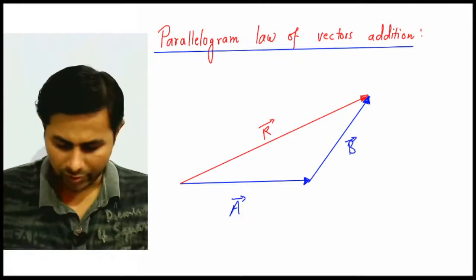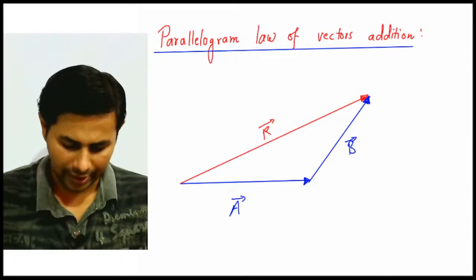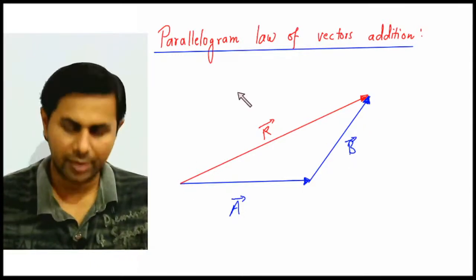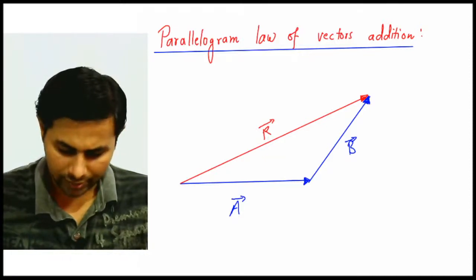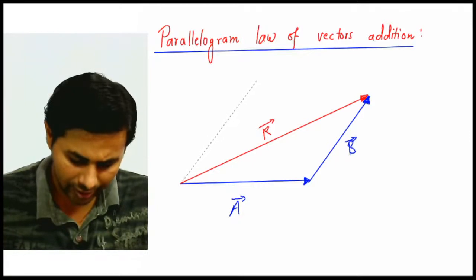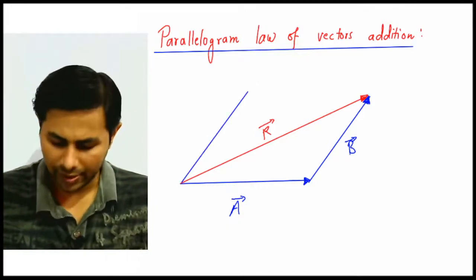Now what I can do is I can pick this b bar and draw it over here, at the start point of a bar. So this is my b bar.